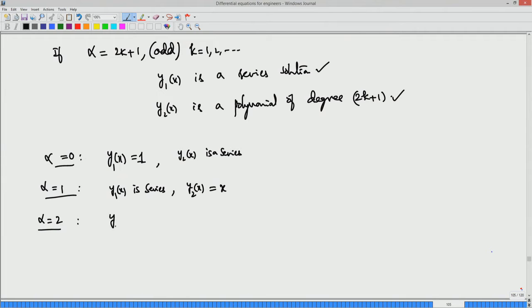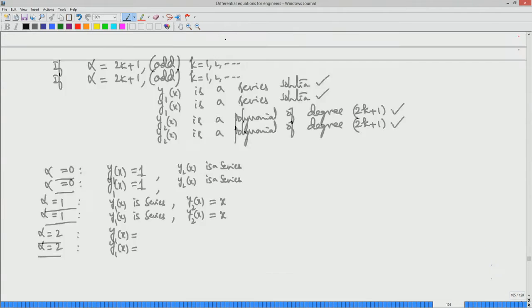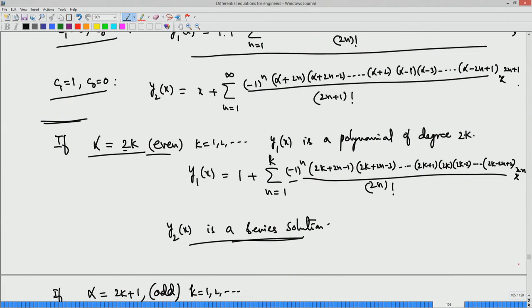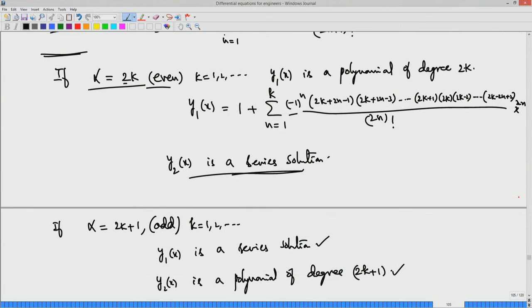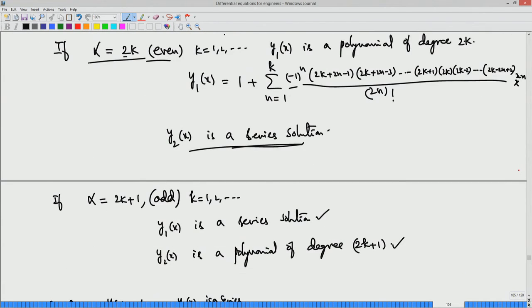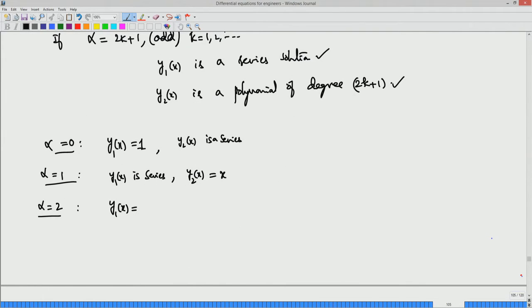In each case, one of y1 and y2 will be a polynomial solution. Let us work out alpha equal to 2. So, I can directly write. In this case it will be 1 minus 3x square.